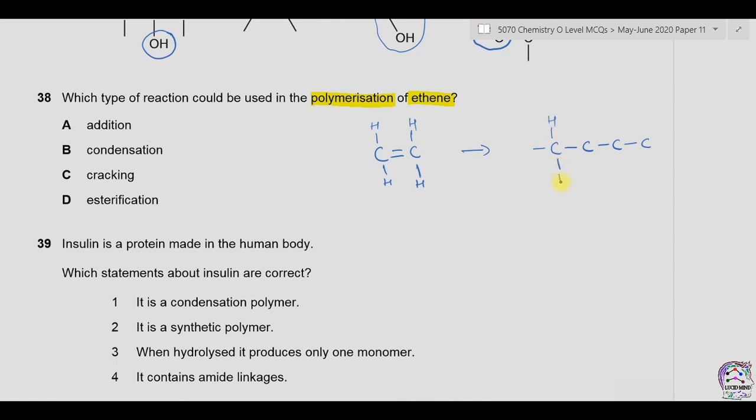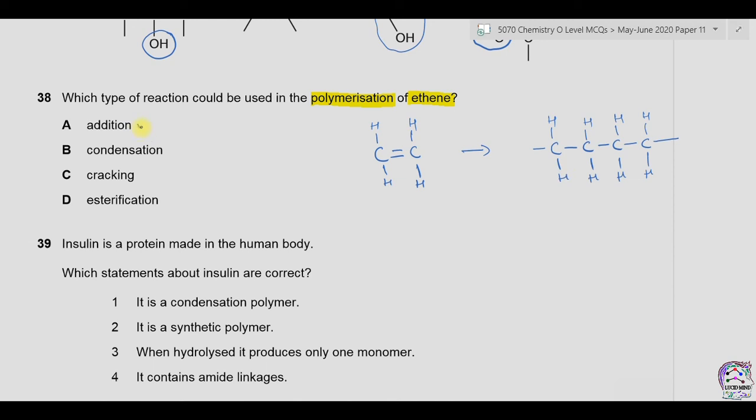And the double bond is converted into a single bond. This structure is continuous and it goes on and on. Now this is ethene and it is converted into polyethene by addition polymerization.